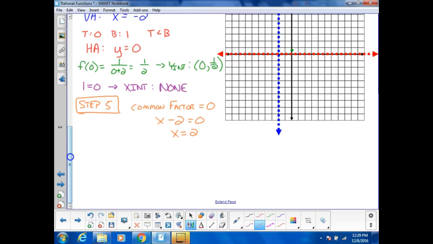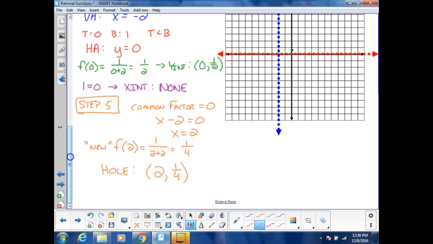I take that value of 2, and I put it into my new function. So that's going to be 1 over 2 plus 2, which is 1/4. So the hole that I have created is at the point 2, comma, 1/4.